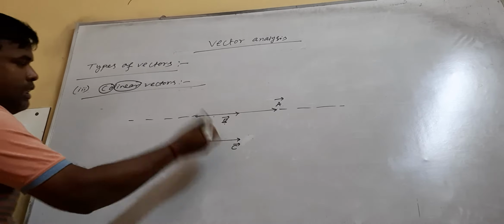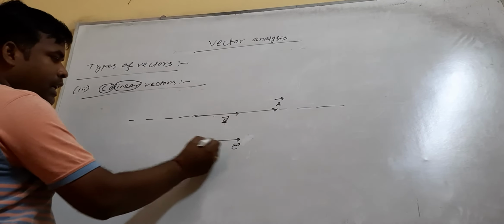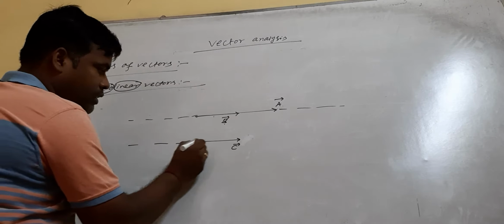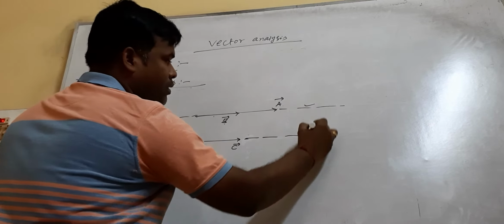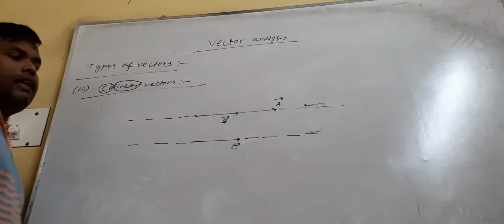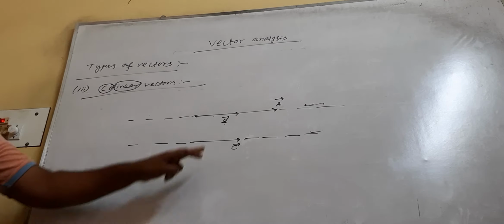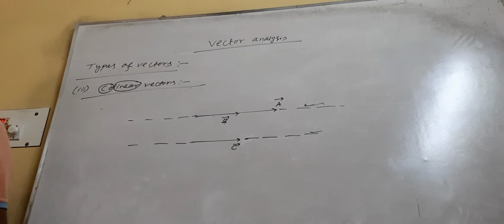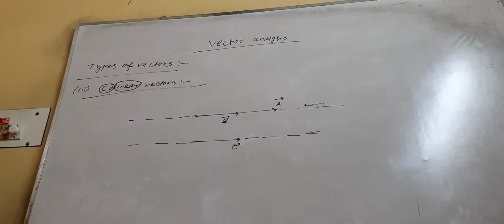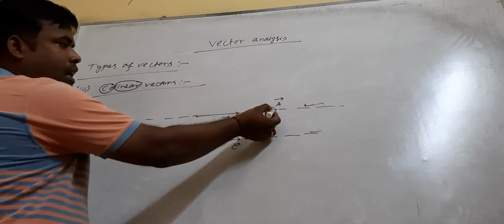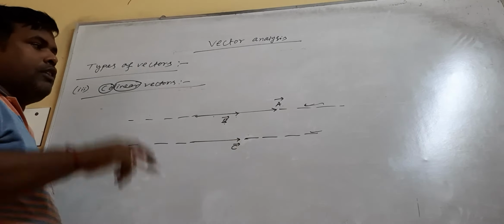Then what about C? Here you see the C vector acts along a line parallel to this one. That means you can say C vector is collinear to A vector, or you can say A, B, C are collinear to each other. What about the direction? Here I have put the direction the same, towards the right.